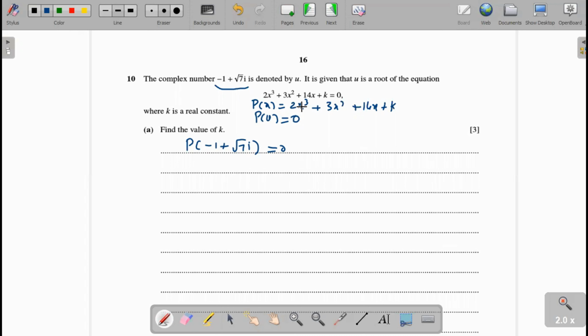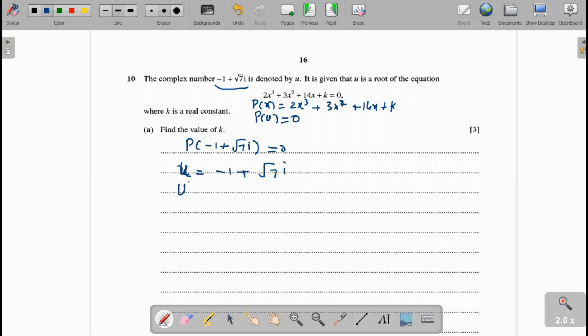Firstly we find the value of x squared and x cubed, and after this we put these values in the equation. Here x equal to u, we put u equal to -1 plus square root of 7i.